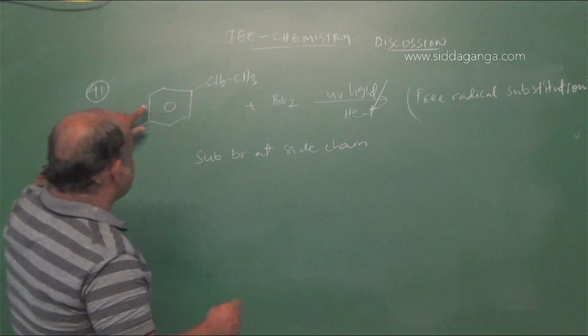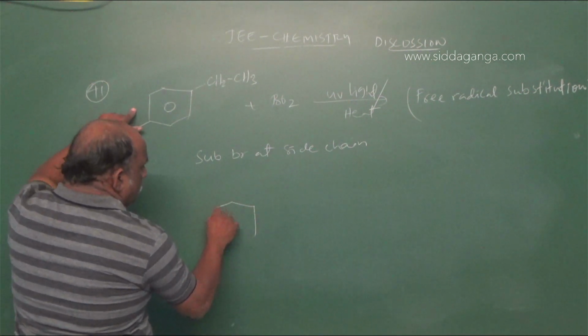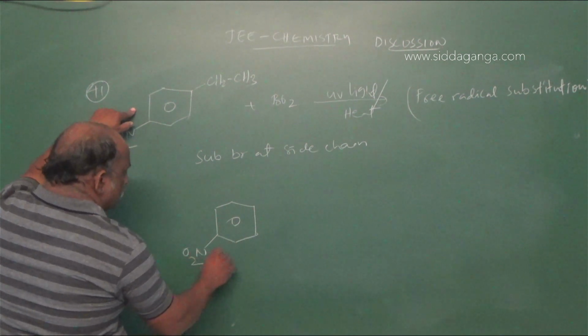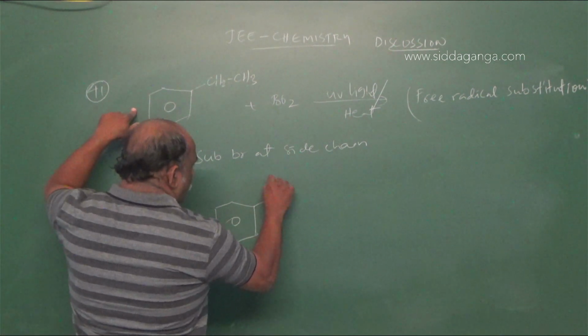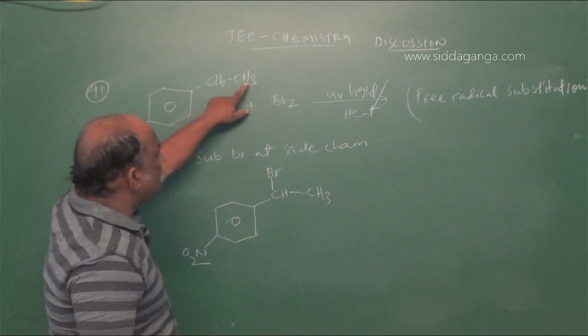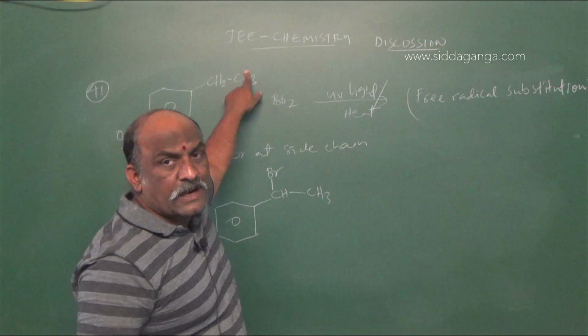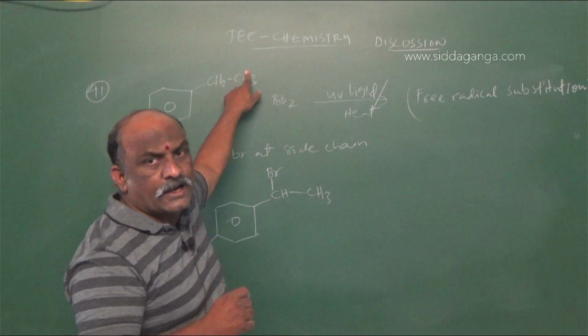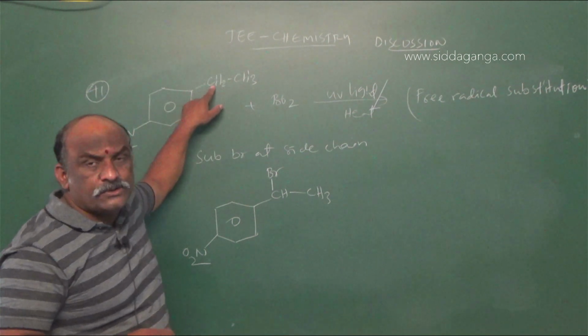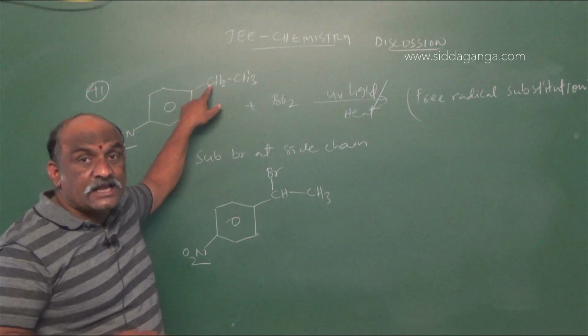So what will be the answer? One and only one answer. This is a very important mechanism followed by free radical substitution. If you take this hydrogen, this is a primary free radical, not a carbocation. If you take this hydrogen, this is a benzyl free radical.